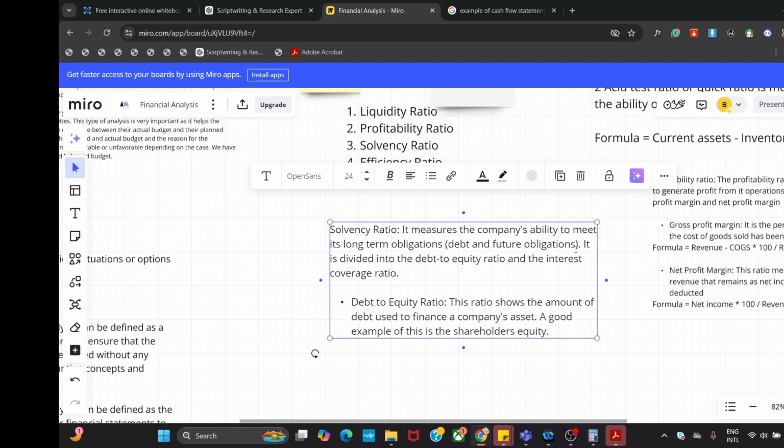There is a formula for calculating the debt to equity ratio: we divide the total debt by the shareholders equity.